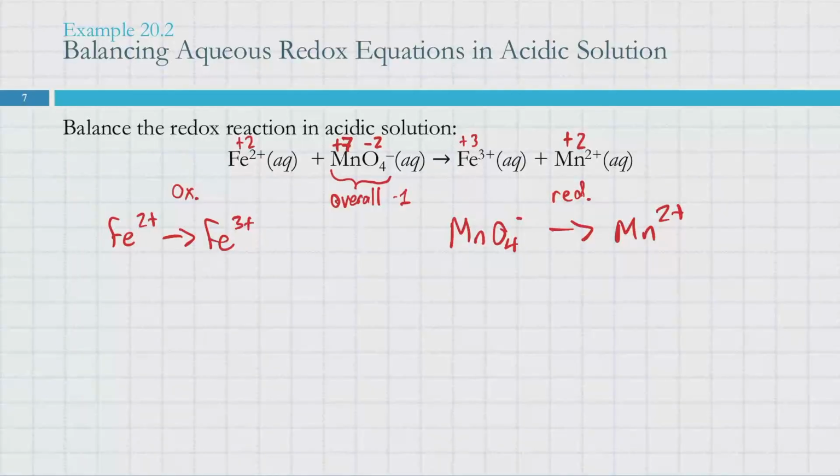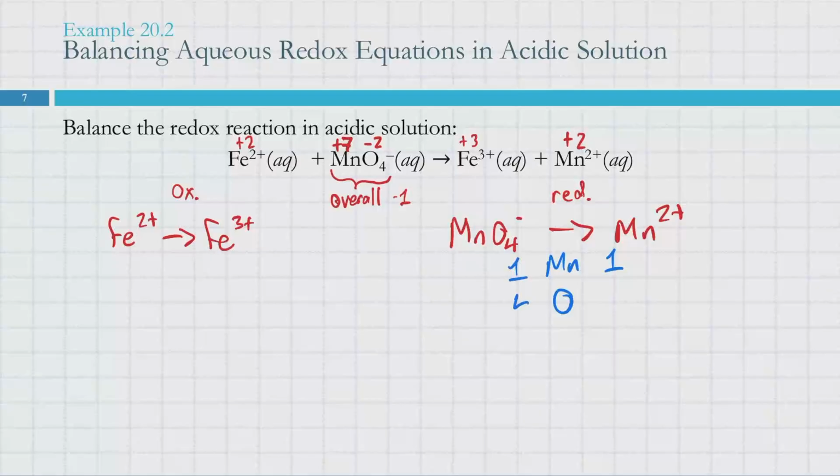Now we can balance things with respect to mass. So looking at the elements, for iron, it's already balanced. For manganese, we've got 1 and 1, so our Mn is balanced.